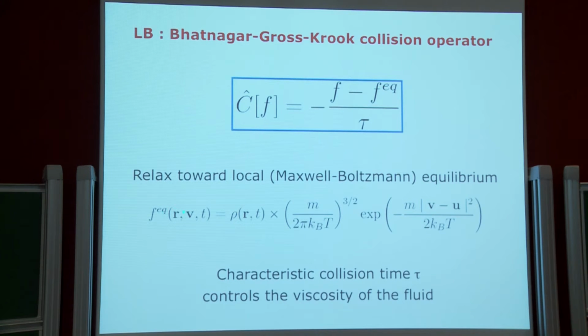So if you want to know what is the equilibrium distribution of particles at a given position and a given time, it will be proportional to the local density, and the velocities will be distributed according to a Maxwell-Boltzmann distribution. So it's a Gaussian distribution of velocities around the average local velocity u. And u here should be u of r and t. So this is how the local equilibrium looks like.